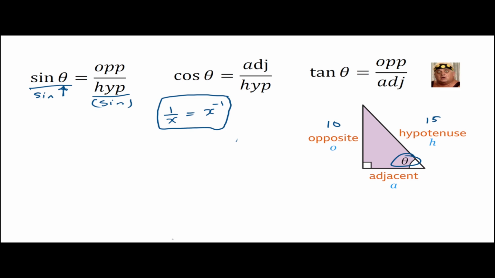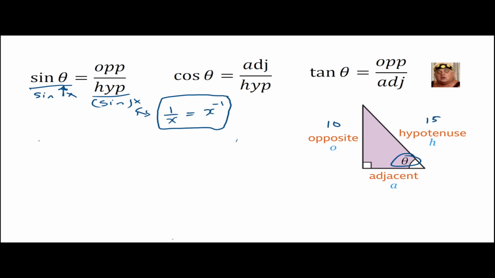The answer is no, we can't, because sine is not a thing, it's an operator. It's like an instruction to do something, so it makes no sense. But the way it's set out on your calculator is kind of the same terminology. It looks kind of similar. That's why I bring it up.